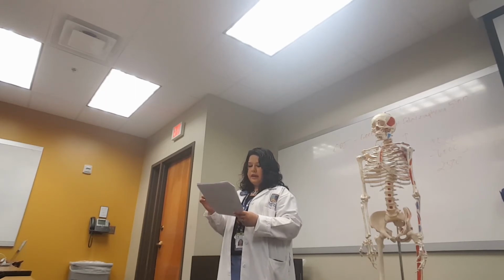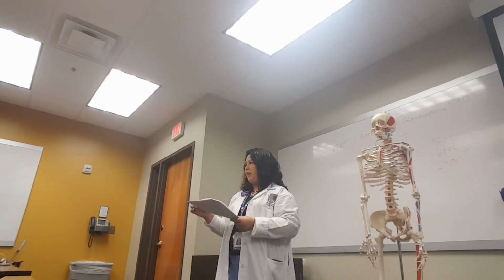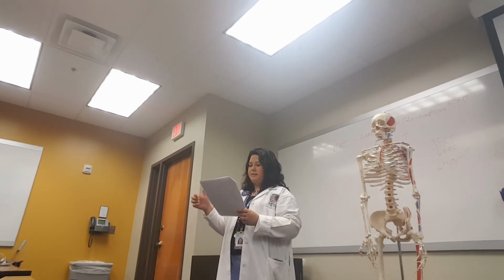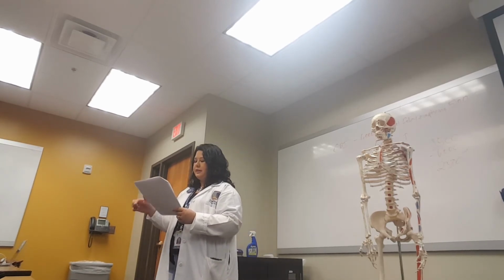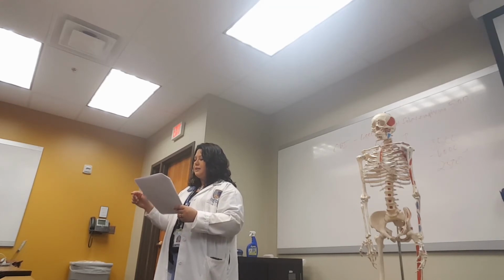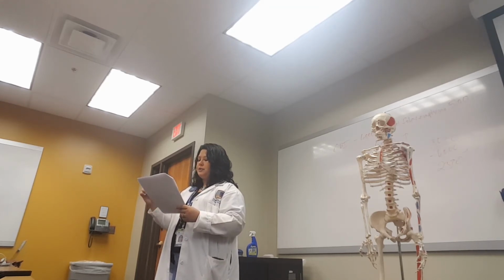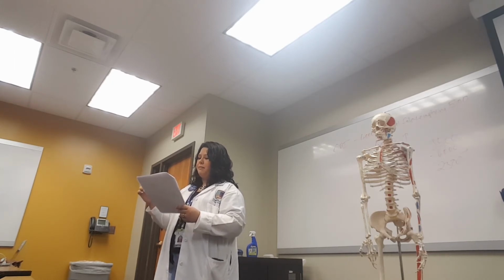Here are your short answers that you need to know. The first one is 10 points: describe the steps in bone repair. After the break in the bone occurs, blood vessels in that area are damaged and blood surrounds the fracture. Blood solidifies to form a clot, which reduces the bleeding. White blood cells migrate into the area to remove bacteria and damaged cells.